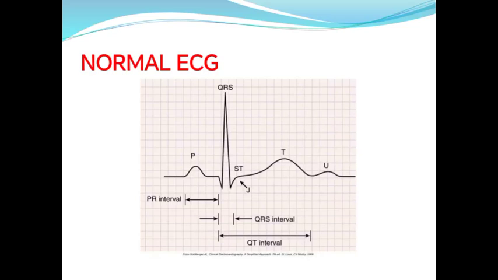That means the P wave shape, duration and interval are normal, and also the QRS complex, T wave and U wave, with normal QRS interval, QT interval, duration and shape. Okay, we will take each one separately.